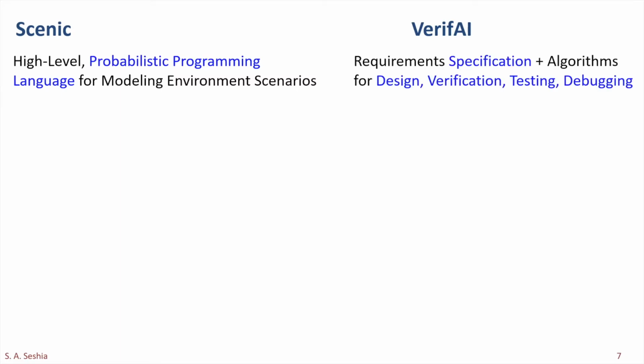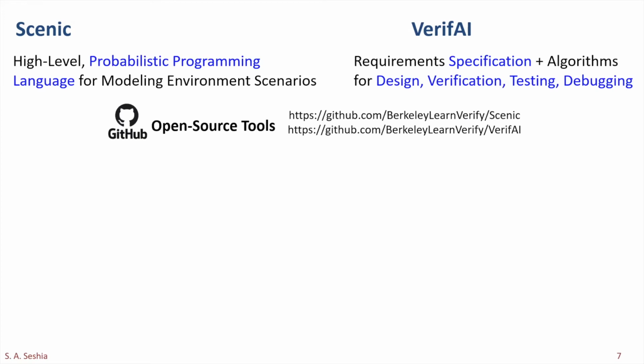And Verify is a back-end toolkit that goes with Scenic for requirement specification, as well as implementing a suite of algorithms for design verification, testing, and debugging of these sorts of systems. As I mentioned, they're open source tools. Here are the URLs, and you can also get it from links from our web pages.